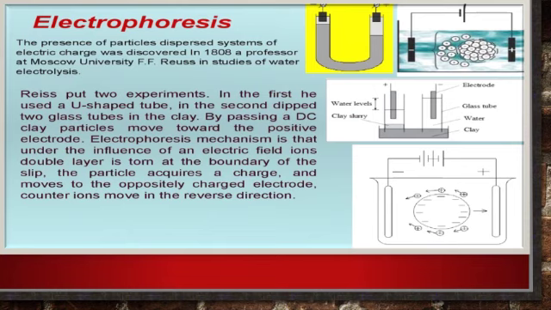The movement of colloidal particles under the influence of an electric field is called electrophoresis or cataphoresis. In this, as soon as the particles reach the oppositely charged electrode, they get neutralized and hence they get precipitated out or coagulated.